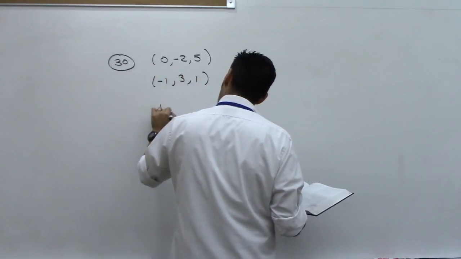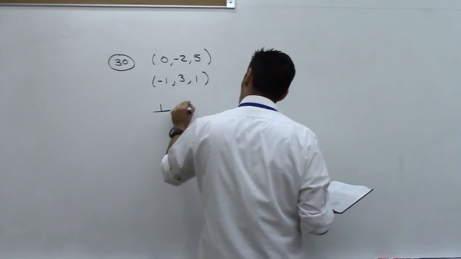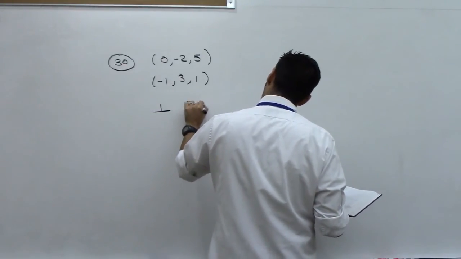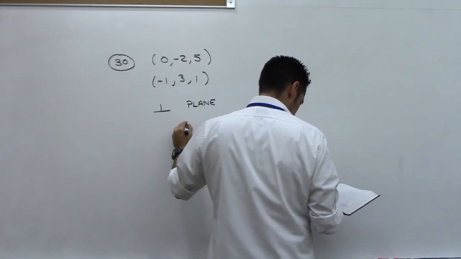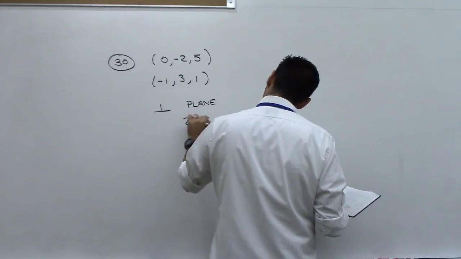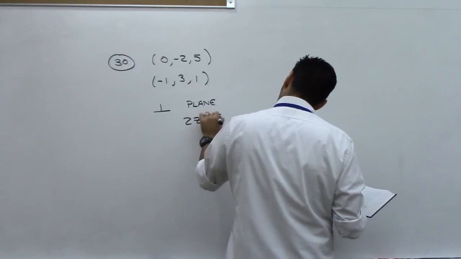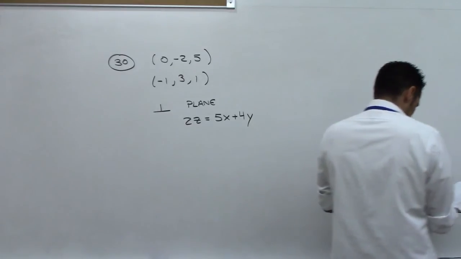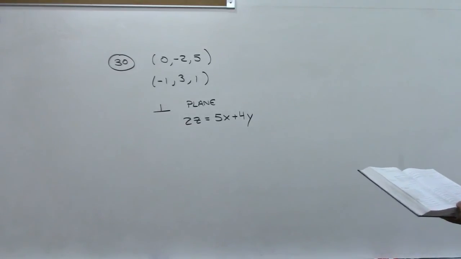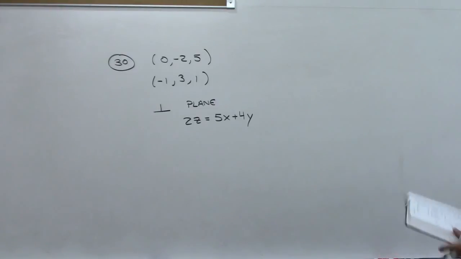And it is perpendicular to the plane 2z equals 5x plus 4y. Just double check everything here. We've got 2 points and we've got a plane, 2z equals 5x plus 4y.